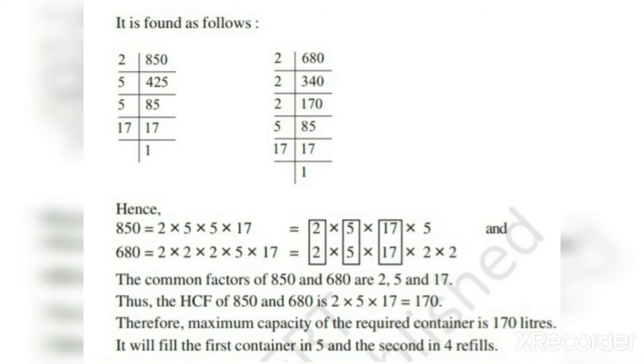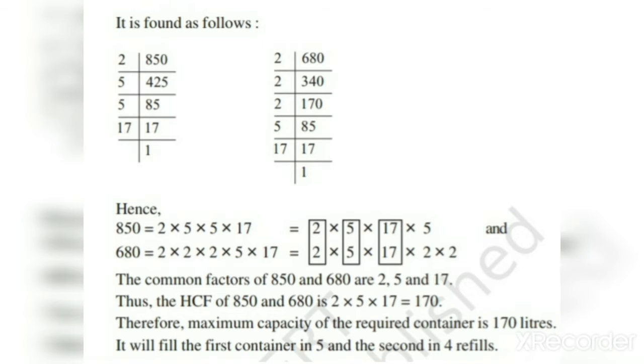Here prime factorization of 850 is 2 multiplied by 5 multiplied by 5 multiplied by 17, and prime factorization of 680 is 2 multiplied by 2 multiplied by 2 multiplied by 5 and multiplied by 17. Now let us find out common factors. 2, 5 and 17 are common. We have to multiply these three numbers.